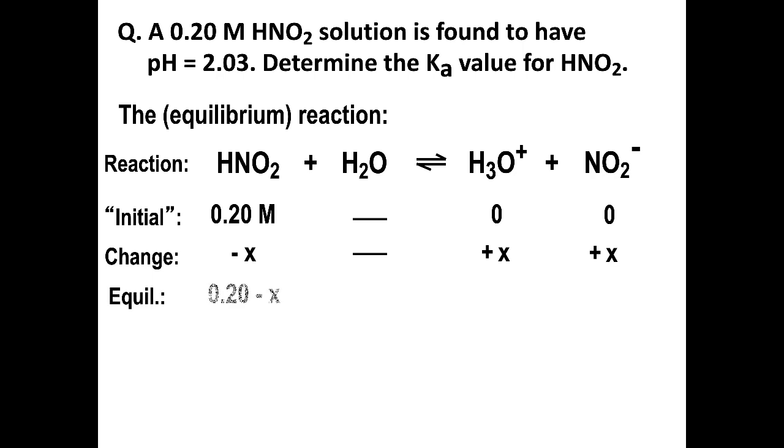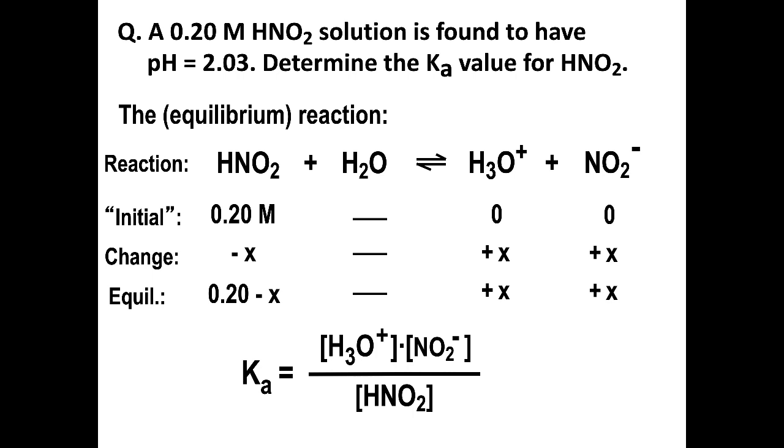So at equilibrium, we have 0.20 molar minus X for the HNO2 concentration, and X and X for the H3O+ and NO2- concentrations, respectively. Now we're trying to find the K sub A value, and as we saw earlier, the K sub A expression is the ratio of the H3O+ times NO2- concentrations divided by the HNO2 concentration. If we can figure out the equilibrium concentrations of each of these substances, we plug them in and we're good to go.